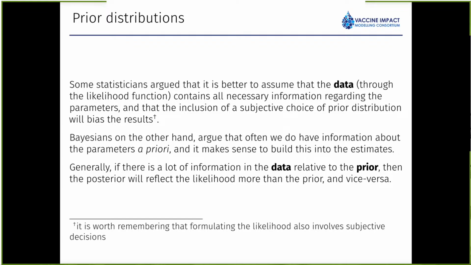But just on this point about subjectivity, one thing I will state to all of you is that the likelihood is also subjective, right? How you choose your model is entirely subjective. Everything about statistical modeling is subjective, okay? The idea that your likelihood is objective because it's a function of the data is not true, because it is a function of the data and the model.